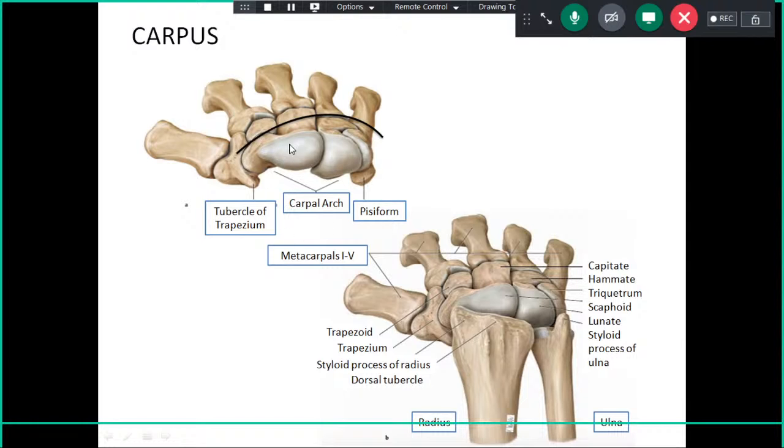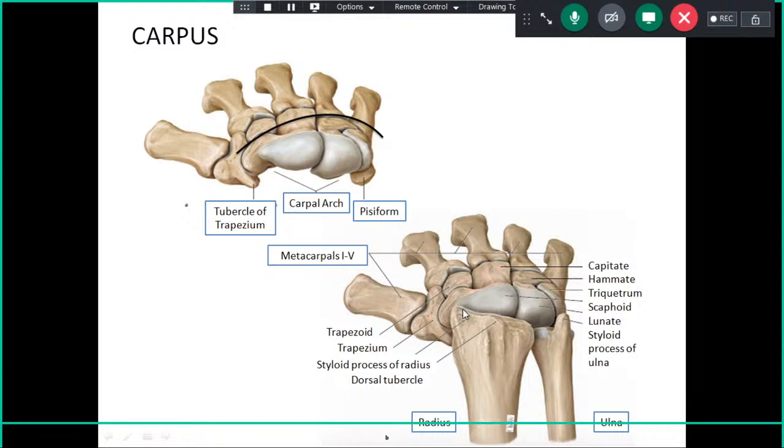This is to show that not all the bones of the proximal row of the carpal bones are going to be forming the wrist joint. You just had a class on the wrist joint yesterday, isn't it?